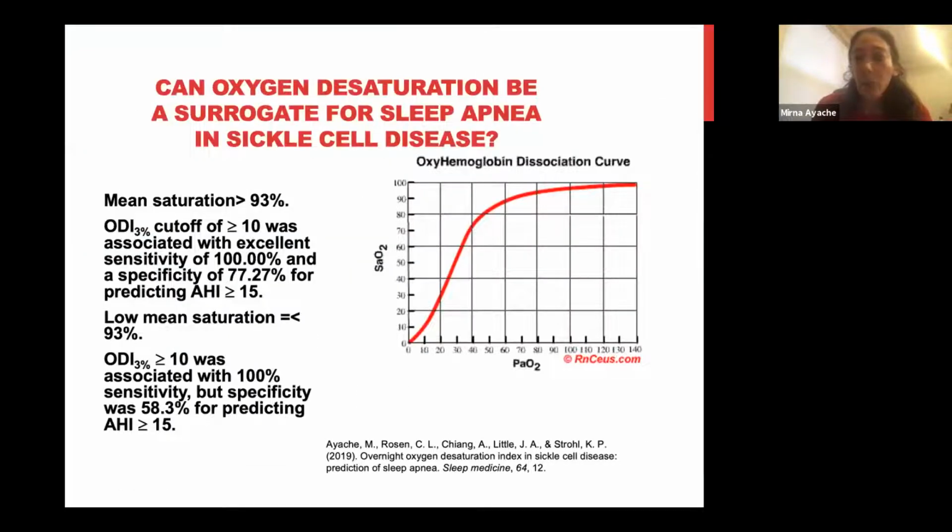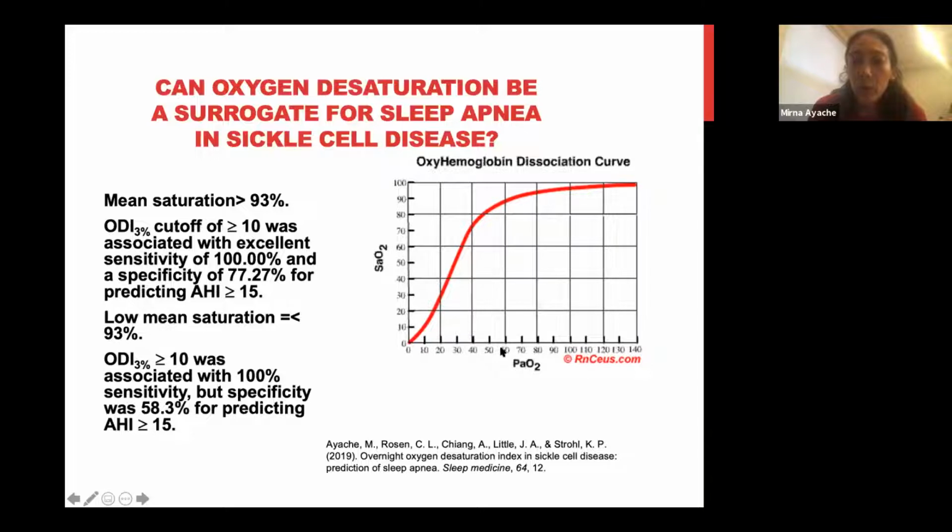And we are not surprised based on the oxyhemoglobin dissociation curve shape. So we know if we're at a PO2 of 100, for example, and we have a saturation of 99, 98%, this is a relatively flat line. So you really have to drop your PO2 by a lot to drop your oxygen saturation.